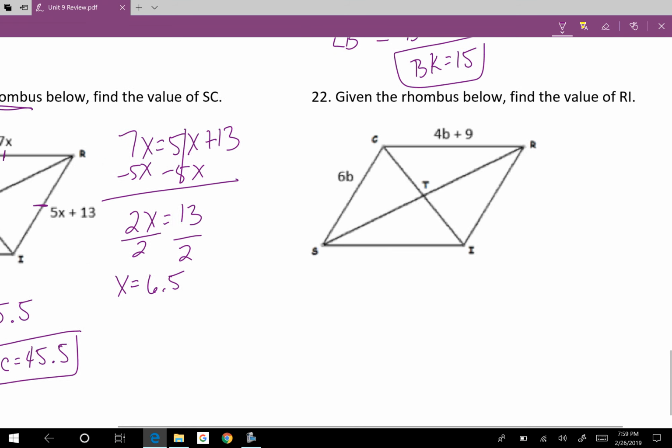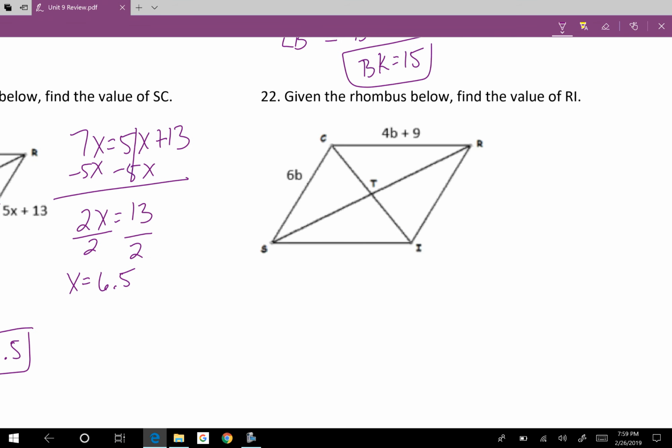All right, 22. And again, we've got a rhombus. They want us to find RI. So that's this side right here. And again, all four of your sides are going to be congruent. So 6B should be equal to 4B plus 9. So minus 4B minus 4B.